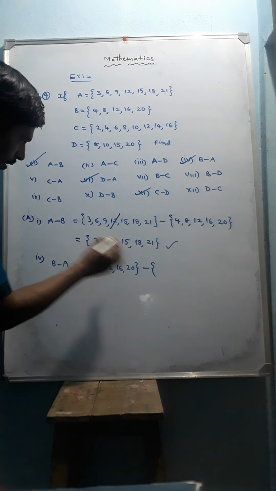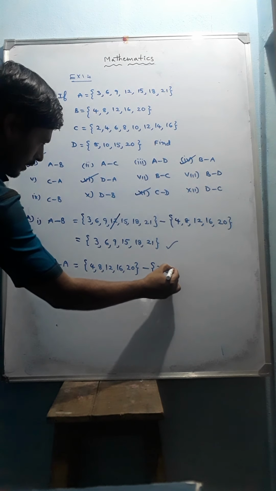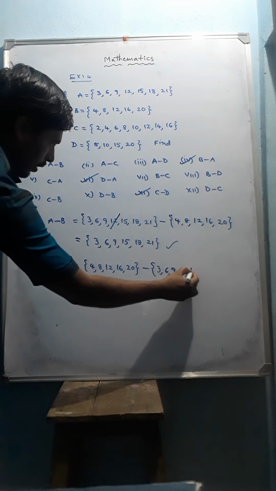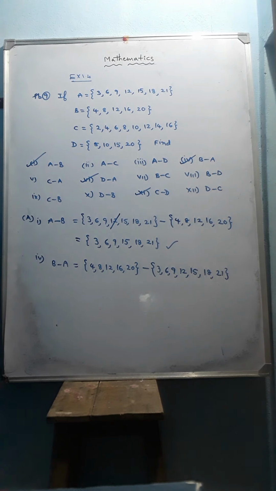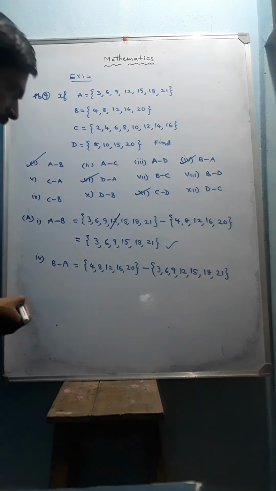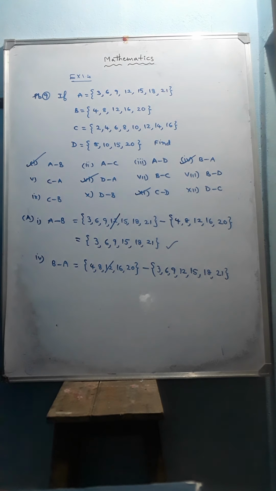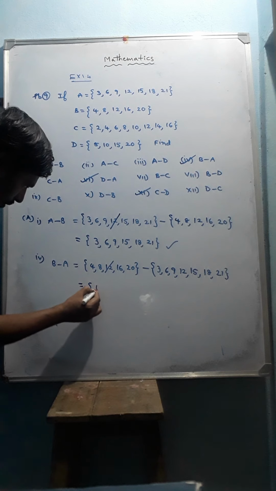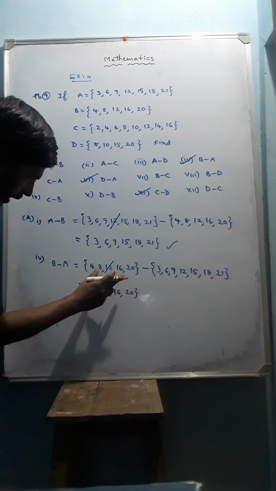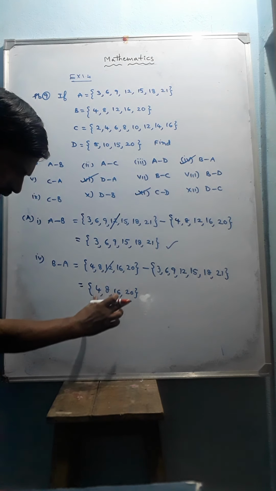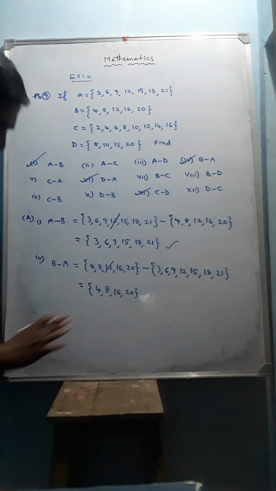Next the A set: 3, 6, 9, 12, 15, 18, 21. Is there any common element? Yes, 12 is there. So cancel 12 in the first set. The remaining elements are 4, 8, 16, 20, which are the remaining elements in the first set. Those elements only you should write in the set.